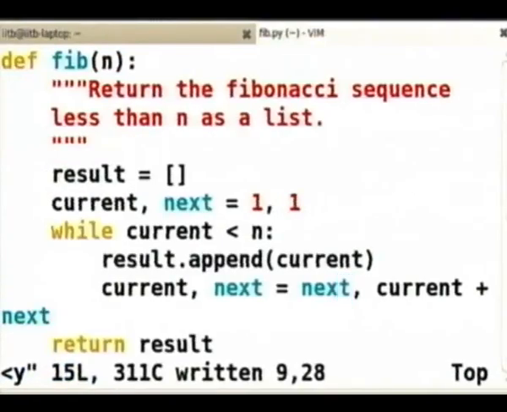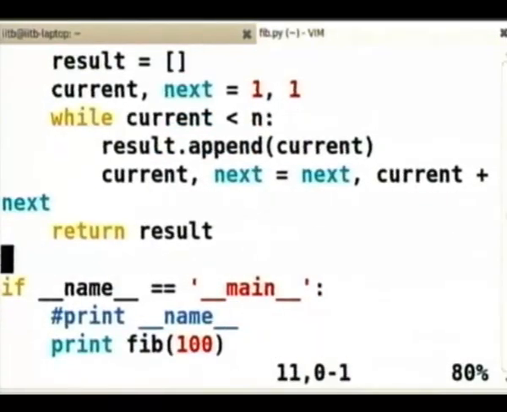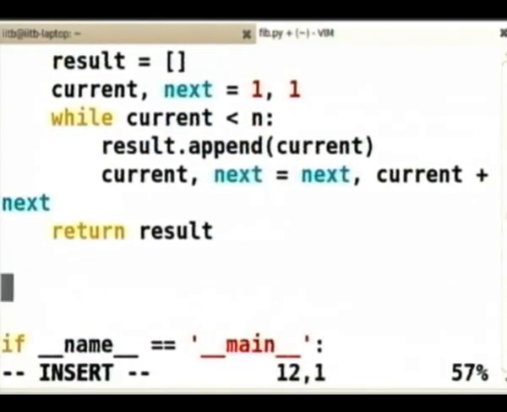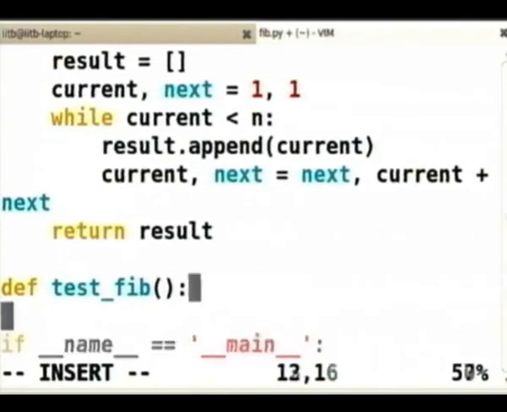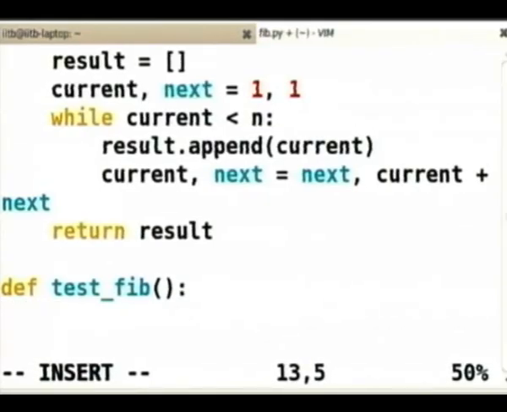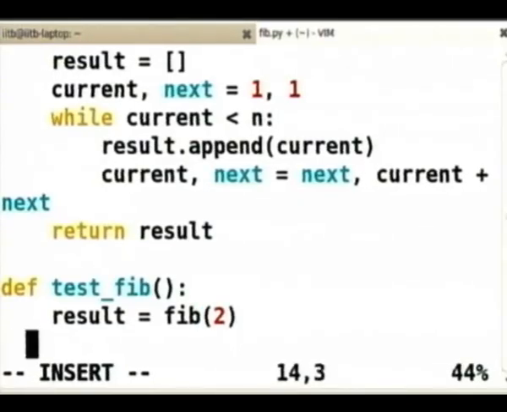So with test driven development, what you do is, you write what are called test functions. Okay, so now I'll write one more function called test underscore fib. Now inside this I can call fib, right? So I'll say result equals fib of 2. Correct?